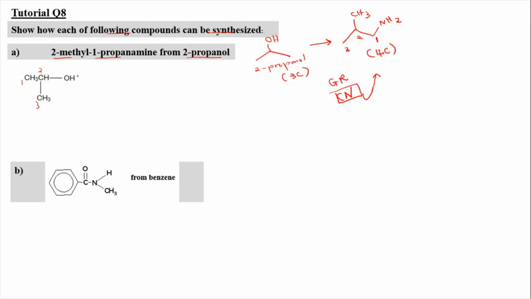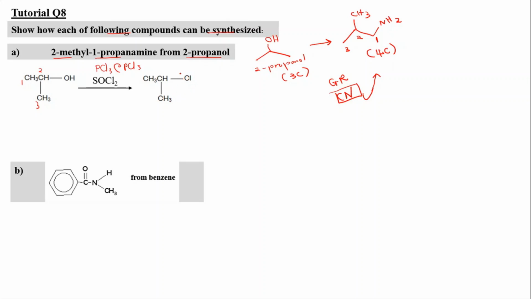So the OH group here, I can change it into chlorine first in order to produce a haloalkane. So from alcohol, I'm going to use SOCl2, or you can use PCl3, or you can use PCl5, doesn't matter. And the OH here is going to be replaced with Cl. Okay, so you're going to produce a haloalkane.